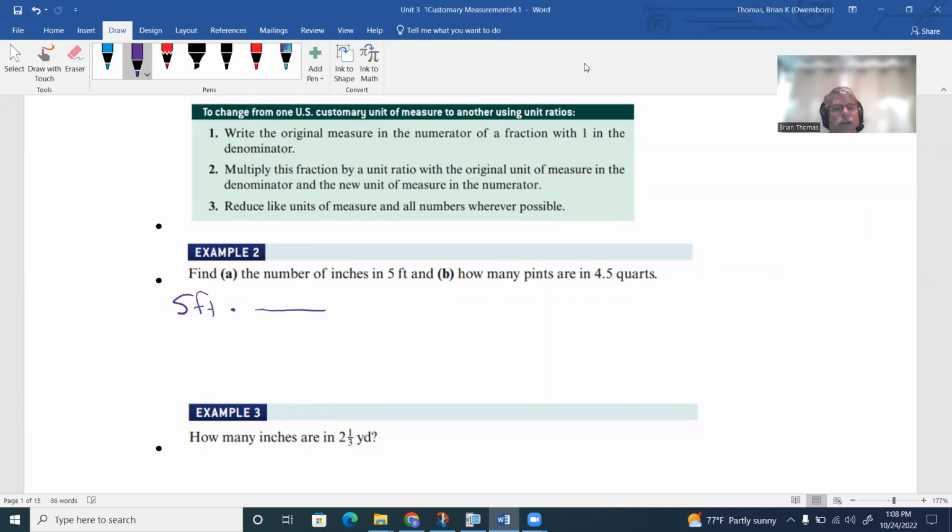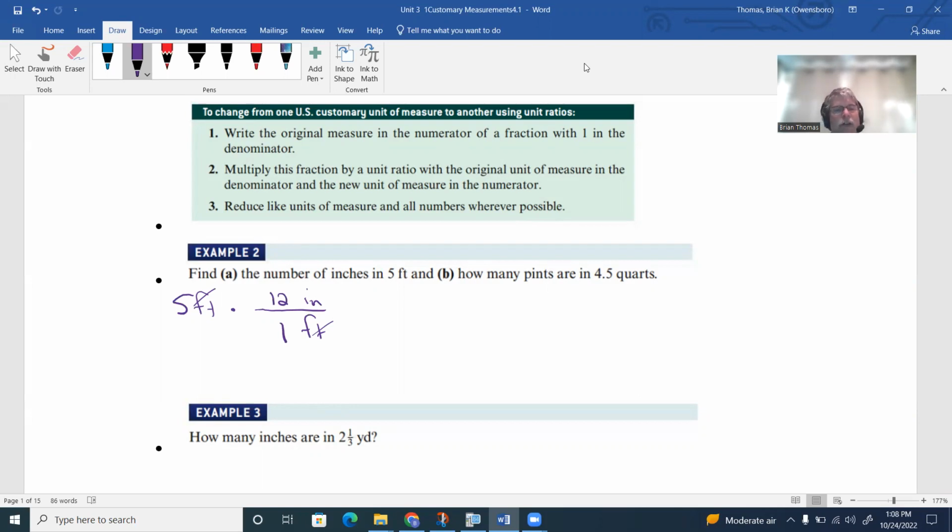The catch is, since I'm converting to inches, the inches has got to be in the numerator and the feet's got to be in the denominator. And like I said, since we have the same unit in the numerator and denominator, they will actually divide out, and that will leave me my inches. But in my ratio, this has got to be a unit ratio. So we know that there's 12 inches per 1 foot. So we end up multiplying.